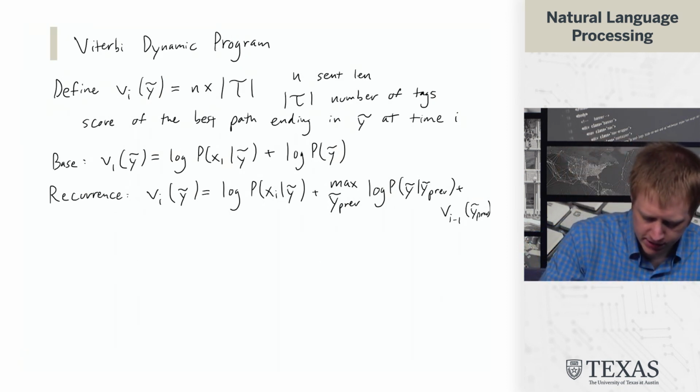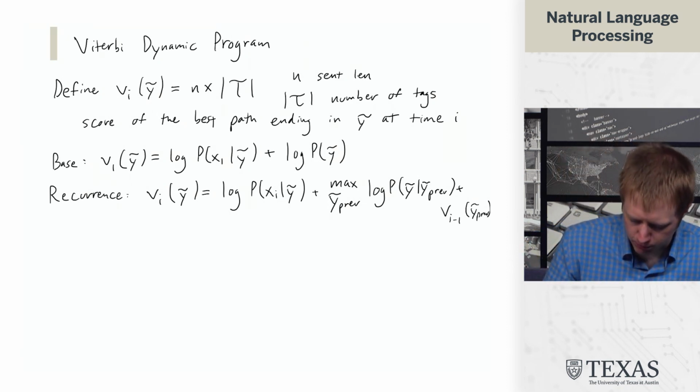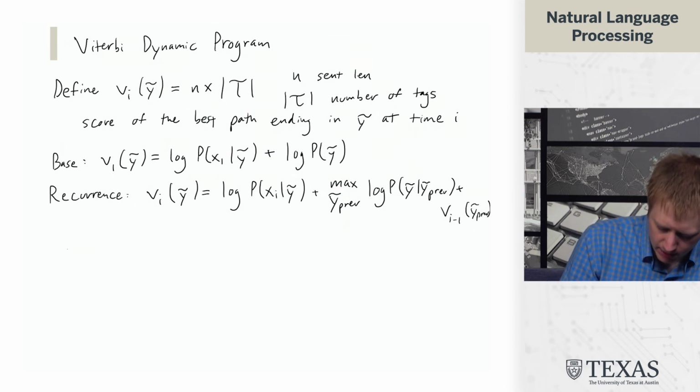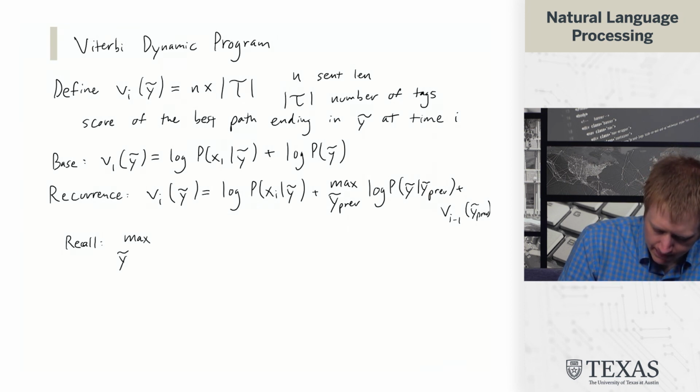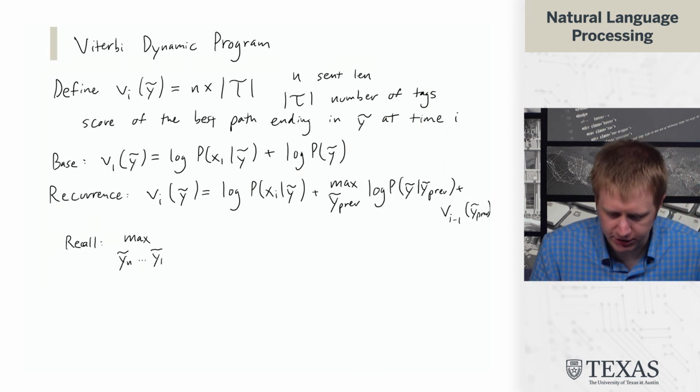All right, so just to motivate a little bit why this works, recall that what we were doing was maximizing over y twiddle n through y twiddle 1. I'm going to write it in this direction.